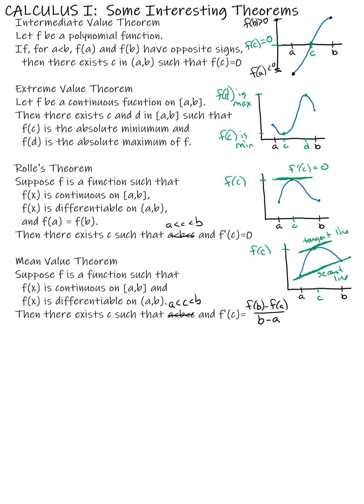There's a few more things that we can add to this, very interesting things. Notice that we're talking about, like I've said before, this is the slope of the tangent line. And this one here is the slope of the secant line. Turns out there is a point where they are equal.